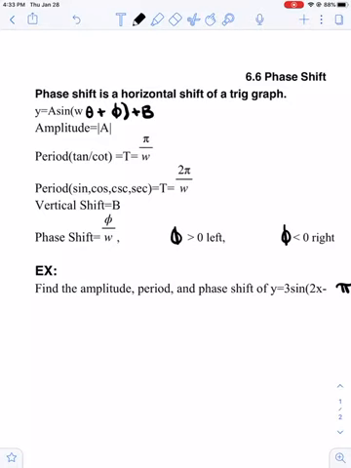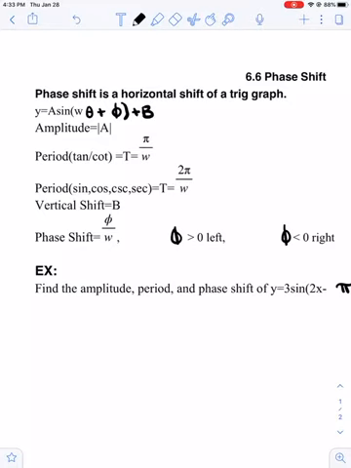The period for tangent and cotangent is pi divided by w. The period for sine, cosine, secant, and cosecant is 2 pi divided by w. The vertical shift is the b value. And now to find the phase shift, you do phi divided by w.